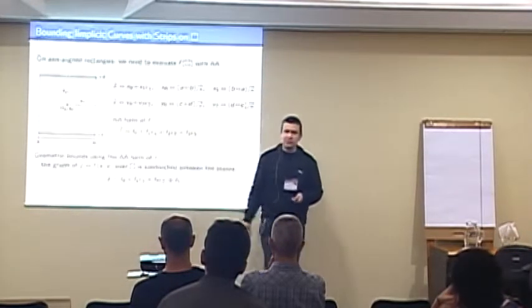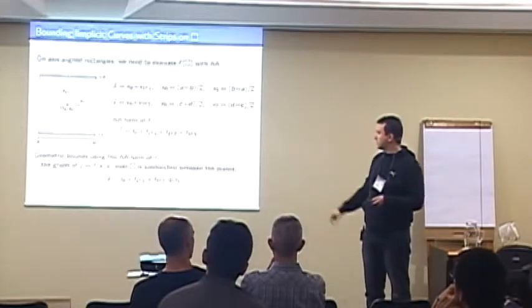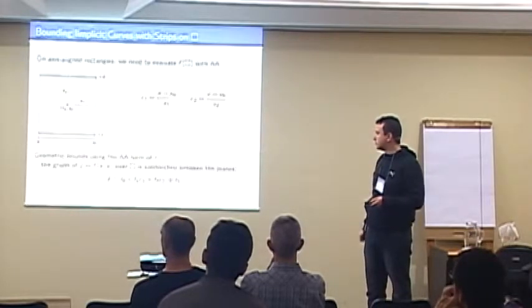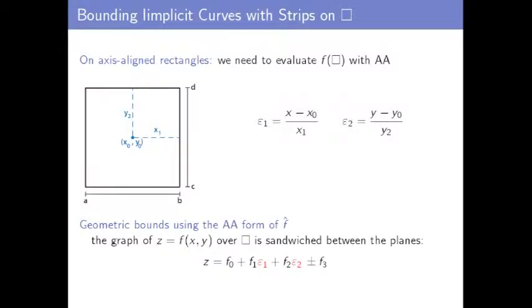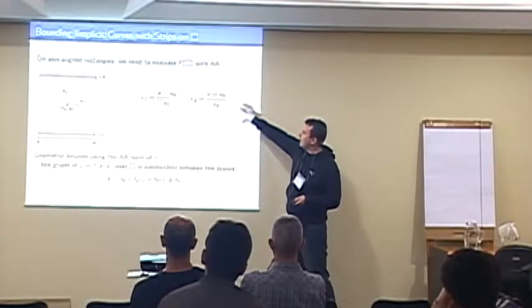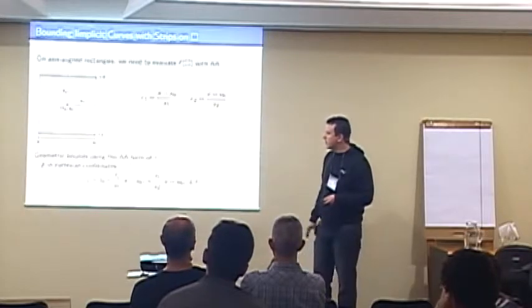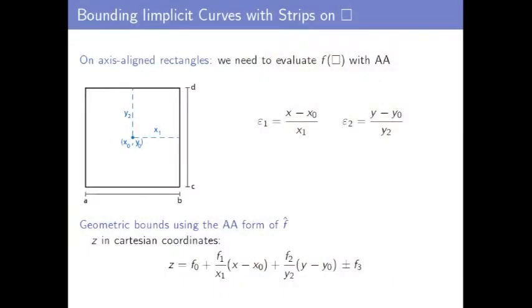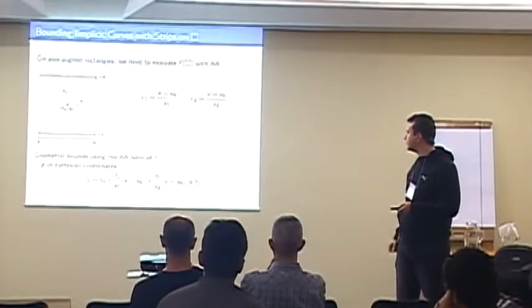And replace in this last equation. So isolating epsilon 1 and epsilon 2 from the affine forms of x and y, and replace here. Now you have the two parallel planes in Cartesian coordinates, okay?